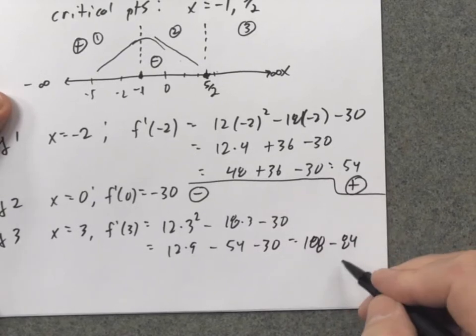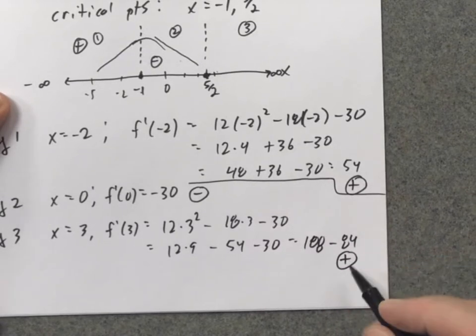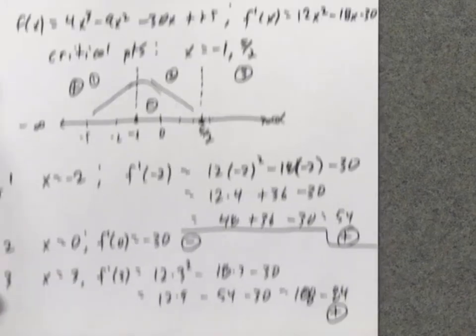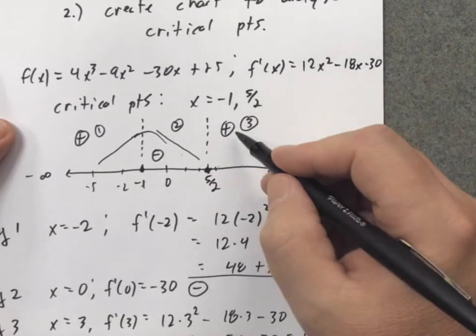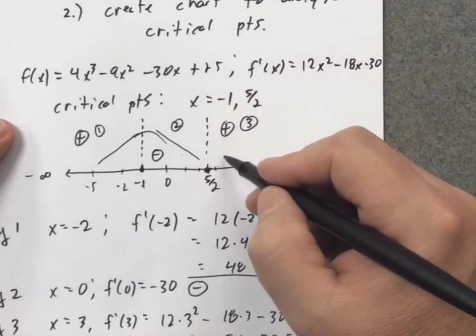All I care about is, obviously, this is a positive number. Region 3 is a positive region, which means the function's increasing.